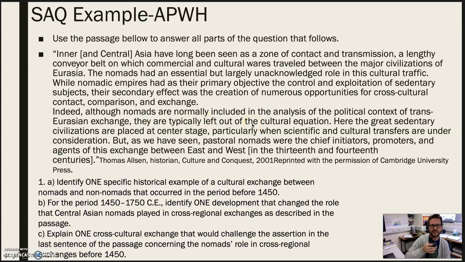Here, the great sedentary civilizations are placed at center stage, particularly when scientific and cultural transfers are under consideration. So when we look at history, a lot of times we think of all the major empires, right? We think of the Chinese dynasties, we think of the Roman Empire. We don't really think of the nomadic people and what their impact was on culture. But as we have seen, pastoral nomads were the chief initiators, promoters, and agents of this exchange between East and West in the 13th and 14th centuries.